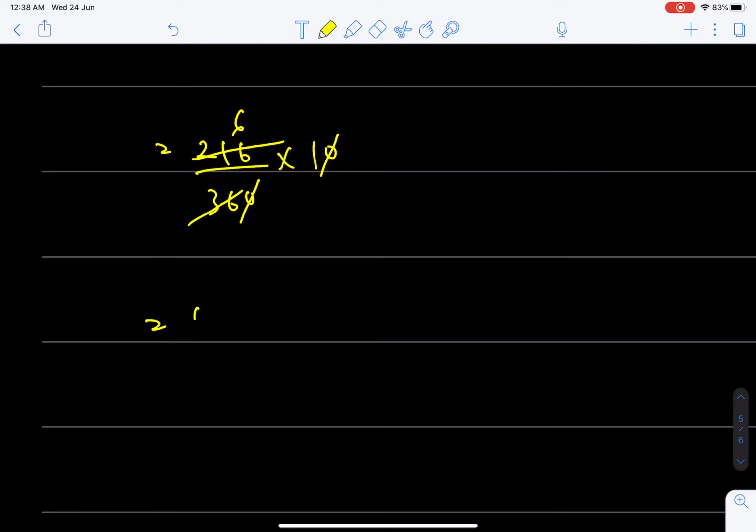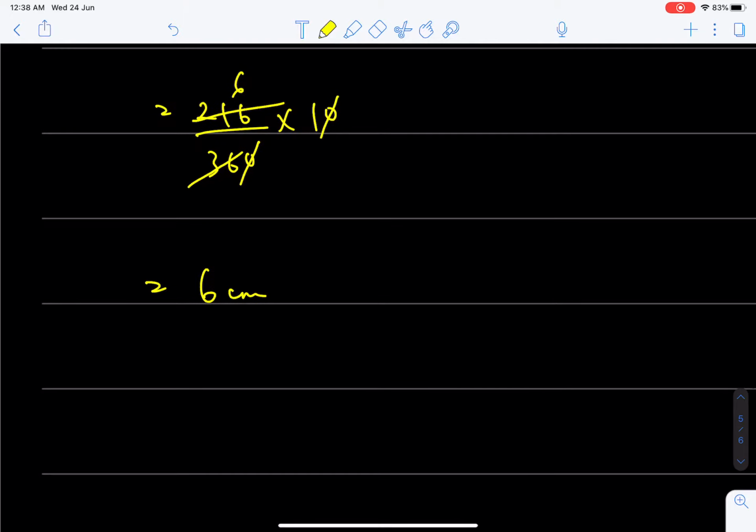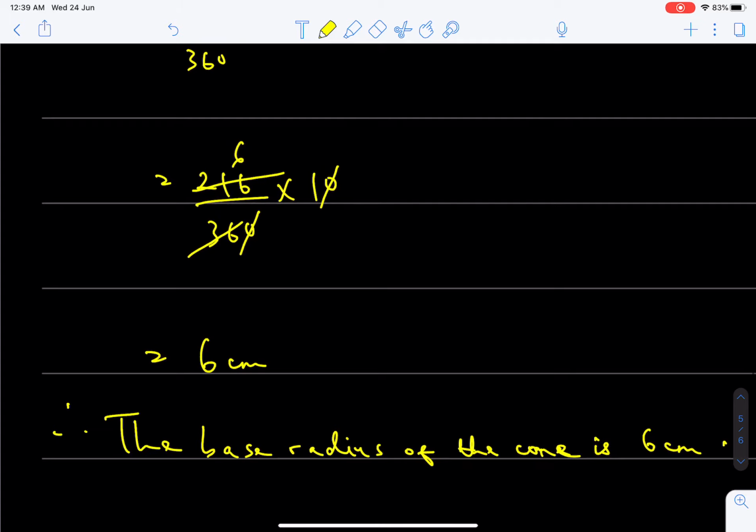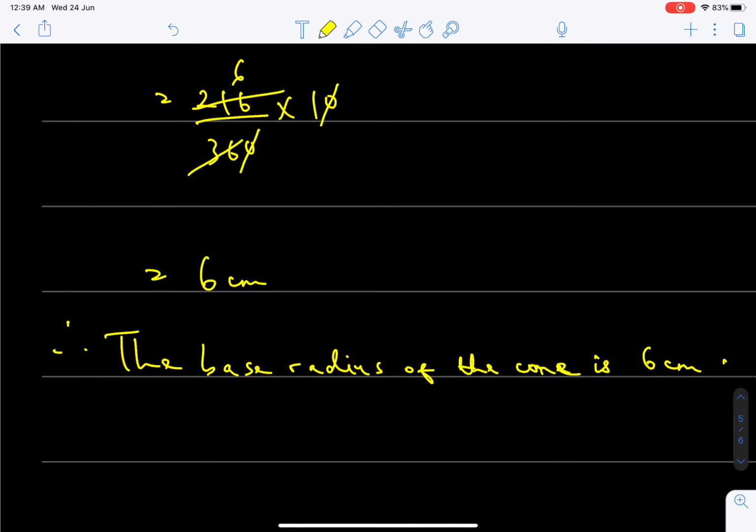And that means r equals 6 centimeters. And we can say, therefore, the base radius of the cone is 6 centimeters.